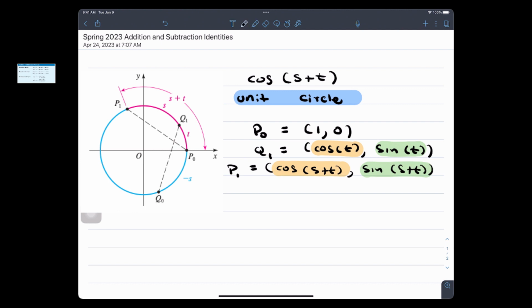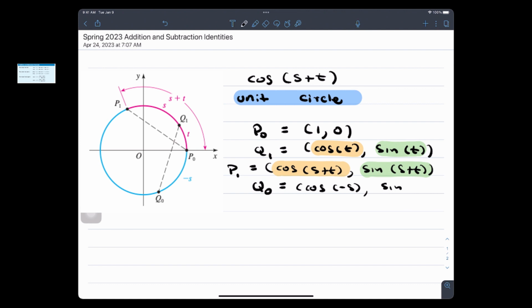So the last point to define on that unit circle is Q naught, Q sub 0. That last point, Q0, is going to be cosine of the negative angle minus s, and then sine of minus s.